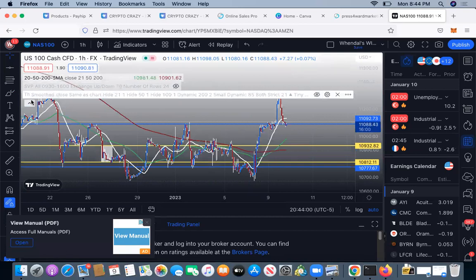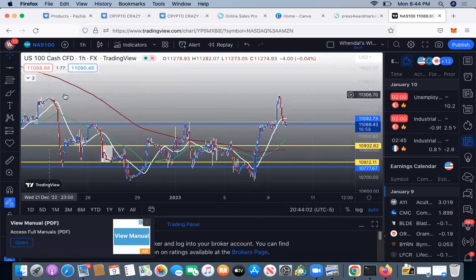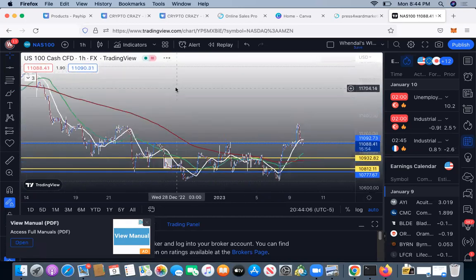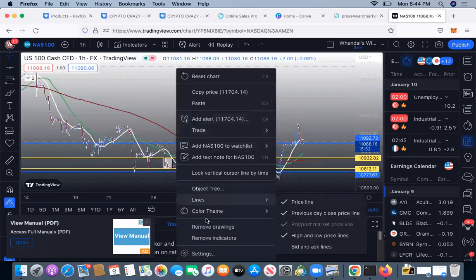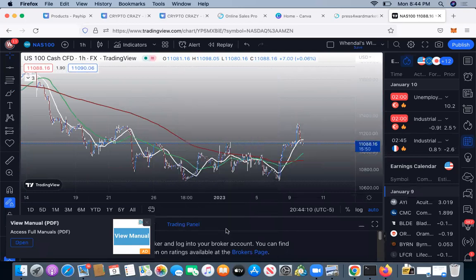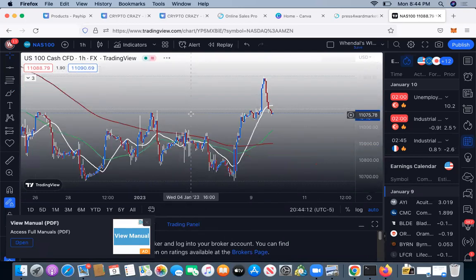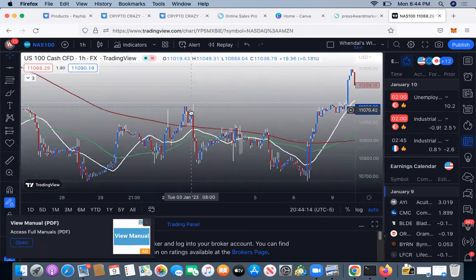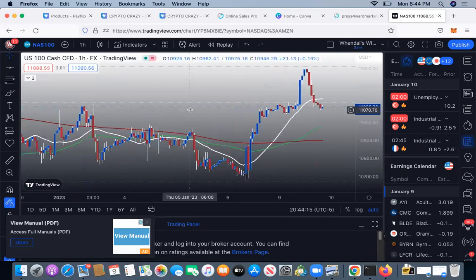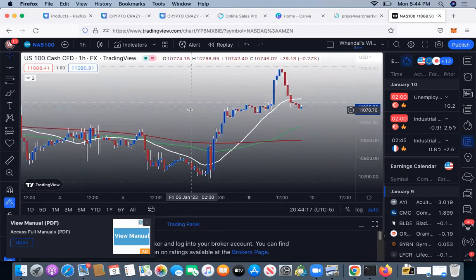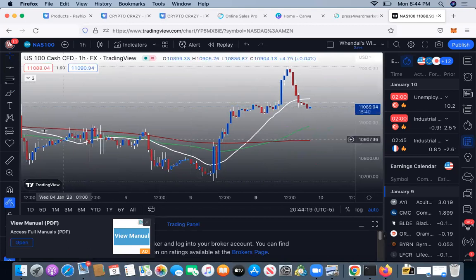All right, so these are smooth moving averages. Let me clear off the drawings. All right, so it's the 1 hour. This is the smooth moving averages, right? So the red one is really how you can act.